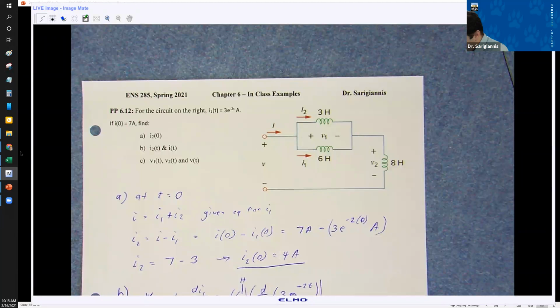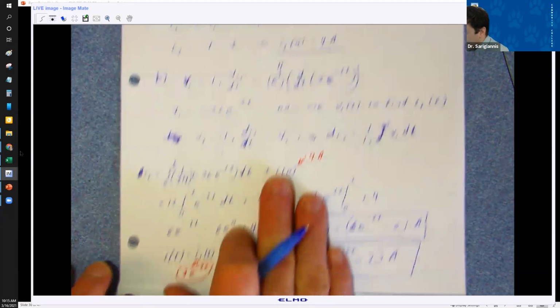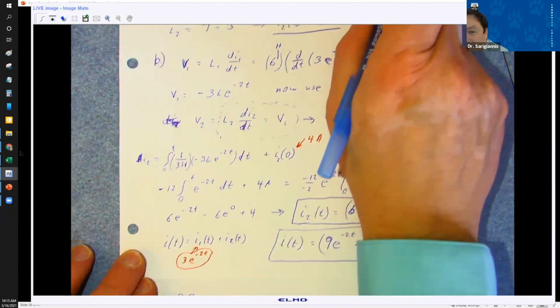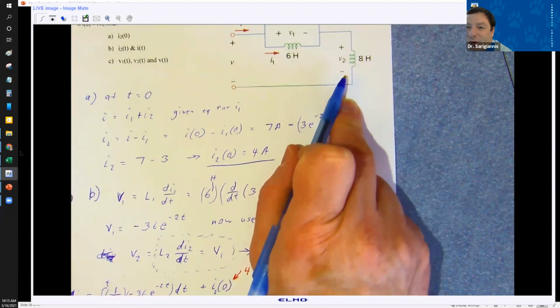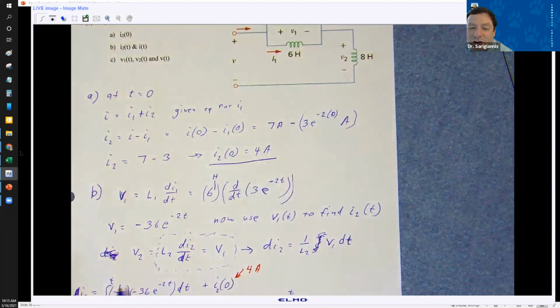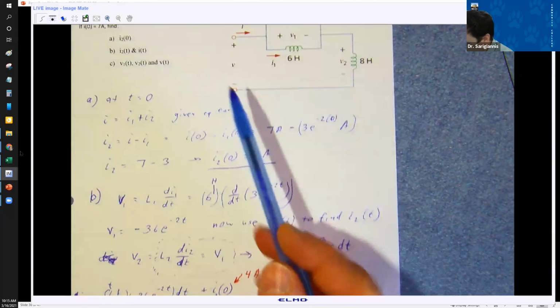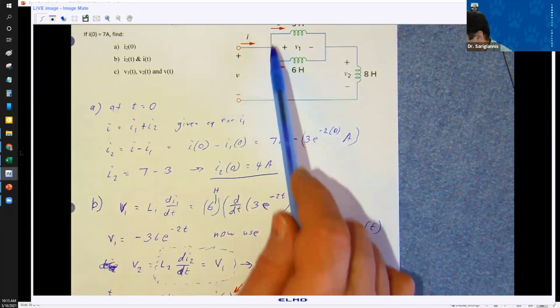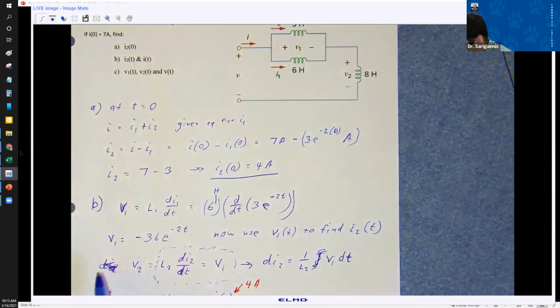I should have just called it the voltage through the 3 Henry. Anyway, just so we're clear, this V2 is not the V2 through the 8 Henry inductor. This V2 here is in the context of this current split, 1 and 2. I was just saying that the voltages are the same, right?